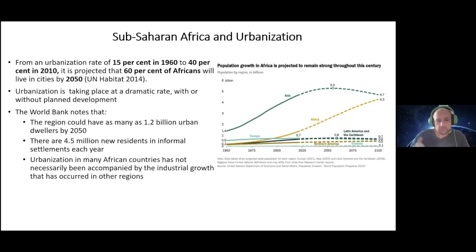And this extreme urbanization that African cities are undergoing, not accompanied by the industrial growth that typically occurred in other regions, has really dramatically shaped and transformed these cities.